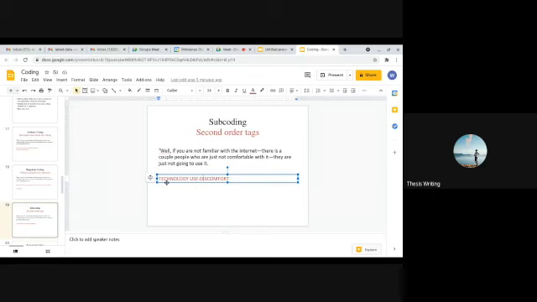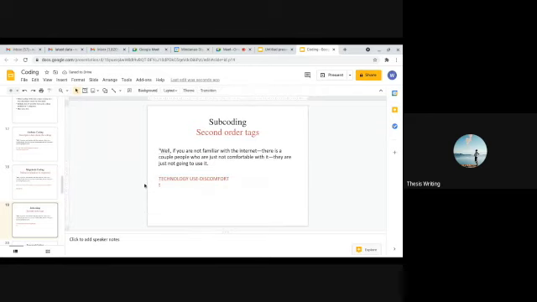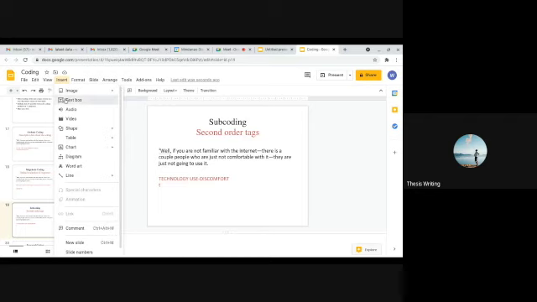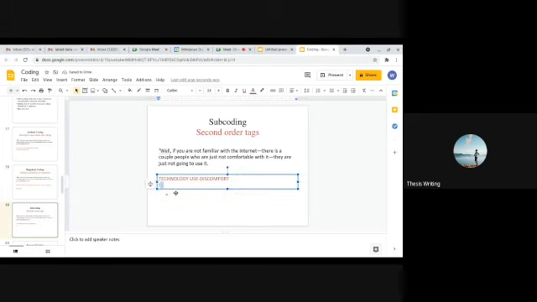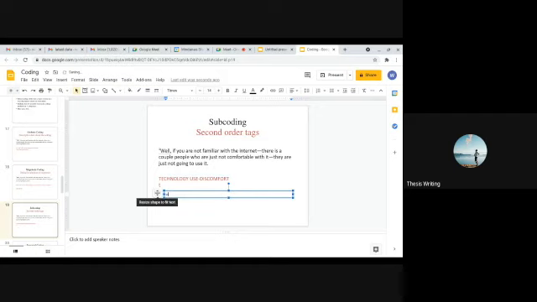Then maybe another subcategory would be adoption.